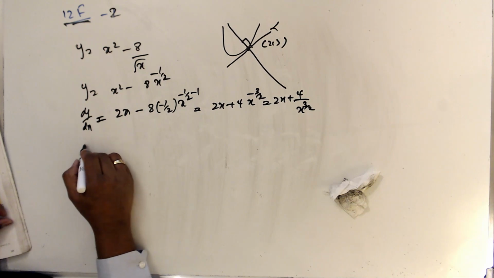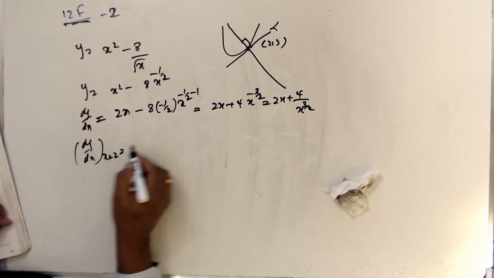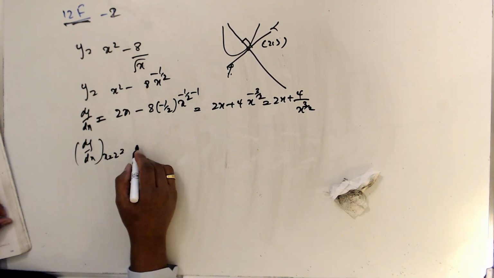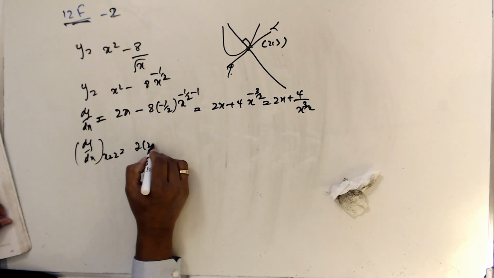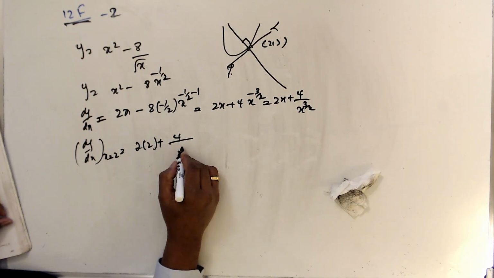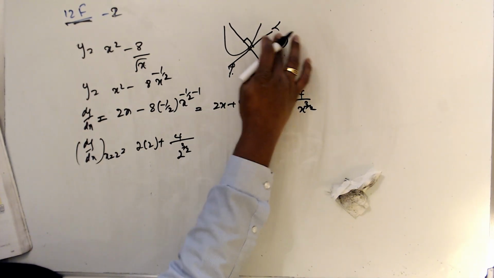Now dy/dx at which point, x equal to? So we'll get the tangent gradient. 2 times 2 plus 4 over 2 to the 3 over 2. I think I picked up the wrong point.